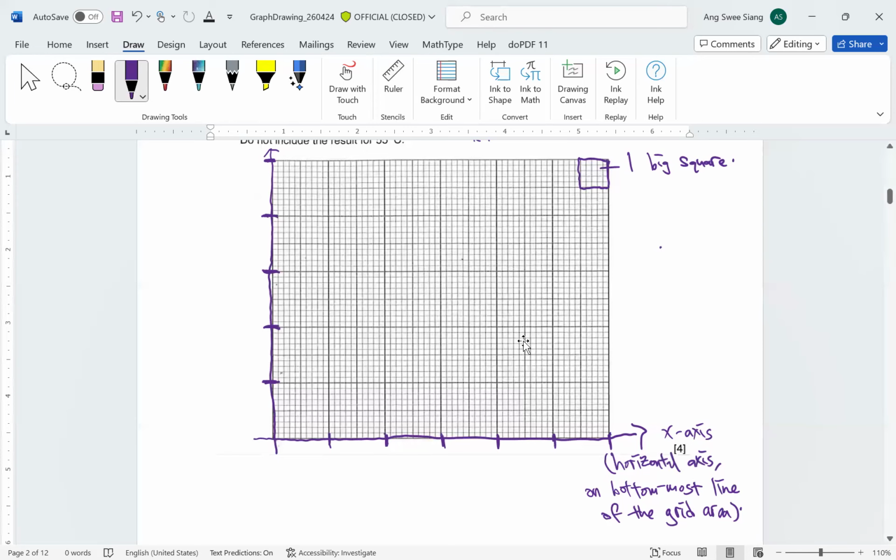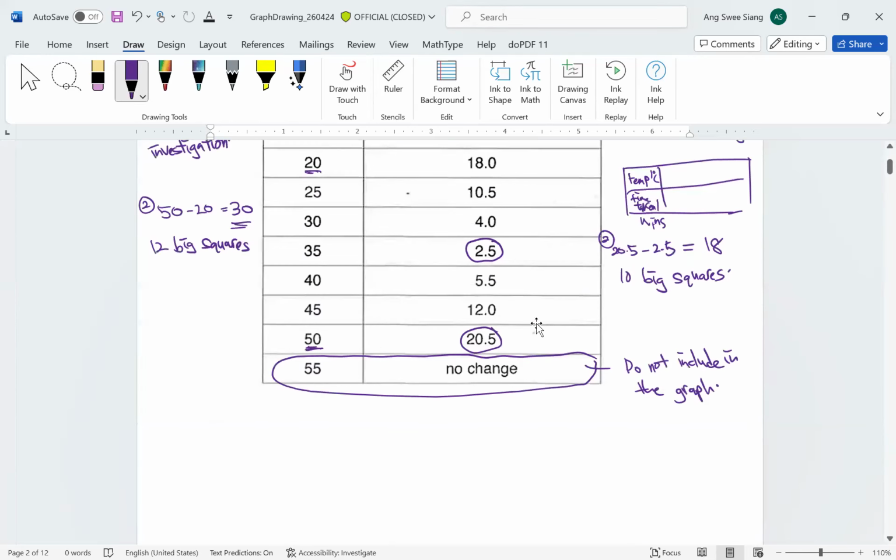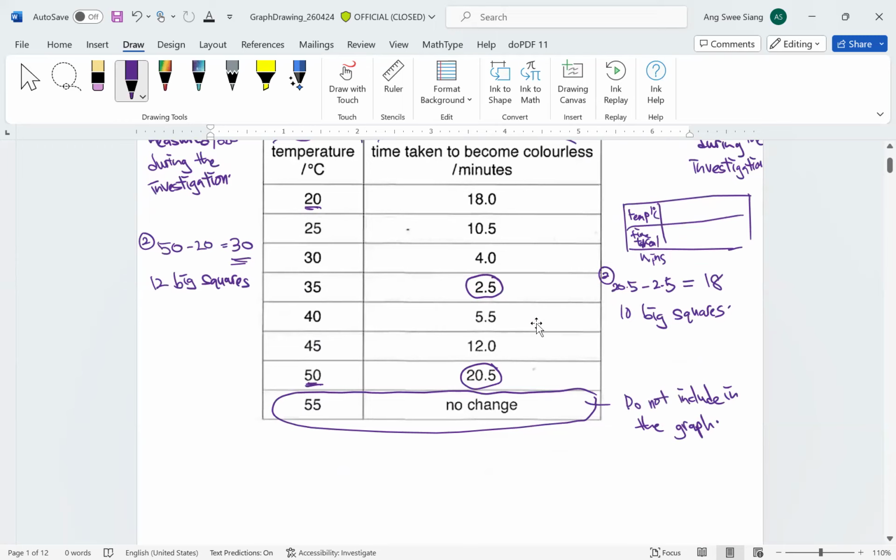So how do I decide? For the y-axis it is very simple. I get the largest value that I need to plot on the y-axis, and the smallest value that I need to plot. I subtract them and I get the range. Then I take the range divided by the number of big squares that is provided, so I know it is 1.8.